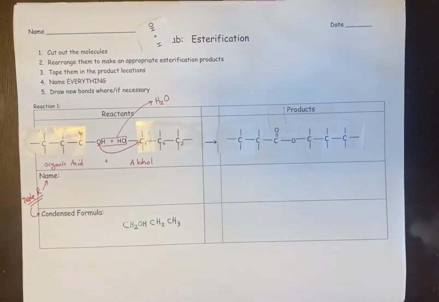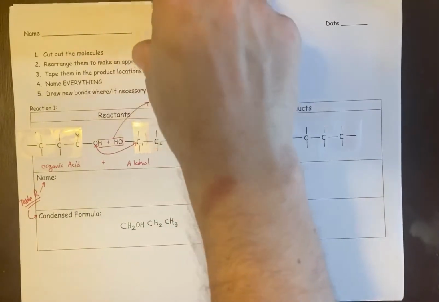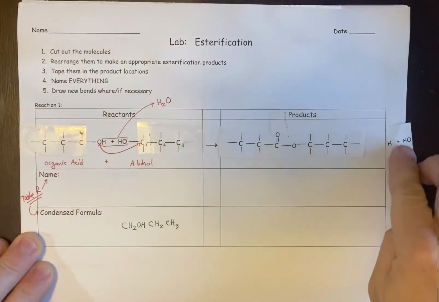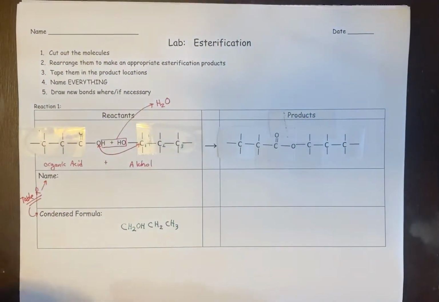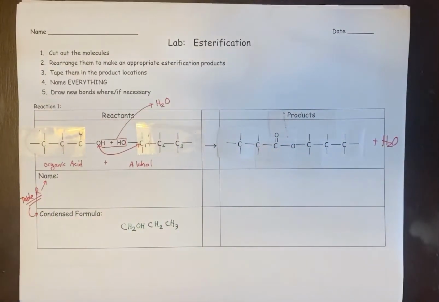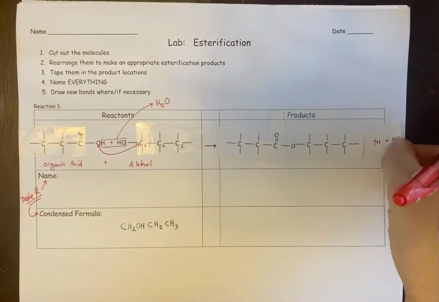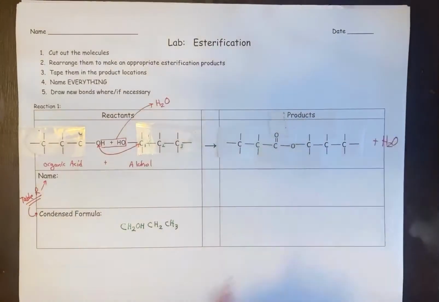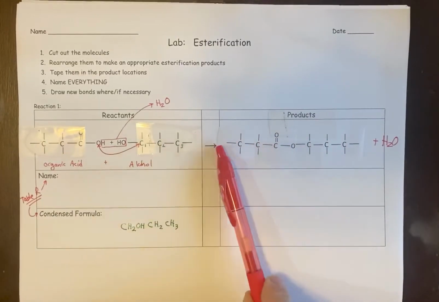And this is my ester, all right? Then I can tape down the water, or you could write plus H2O, or just tape it down there, because the H and the OH make H2O. Then you're going to name your new molecule, using table R as a guide.